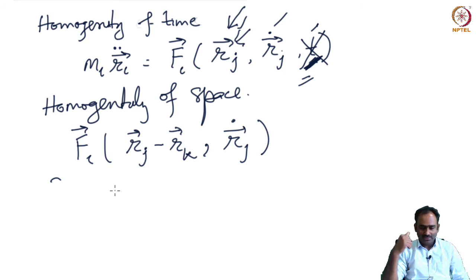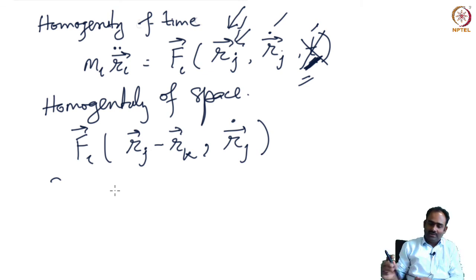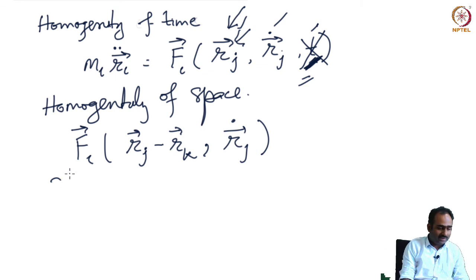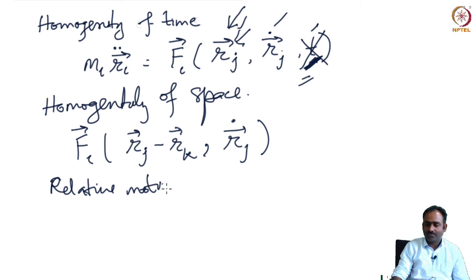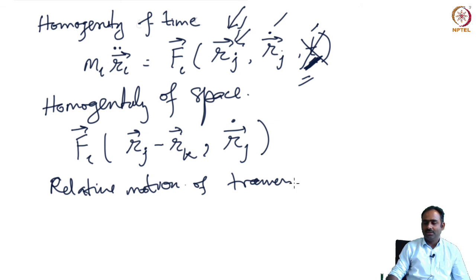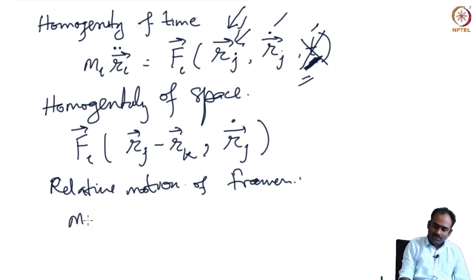Now I want to put this information into our equations of motion, meaning it will be clearly the force which will know about this. So this, let's call it relative motion of frames.